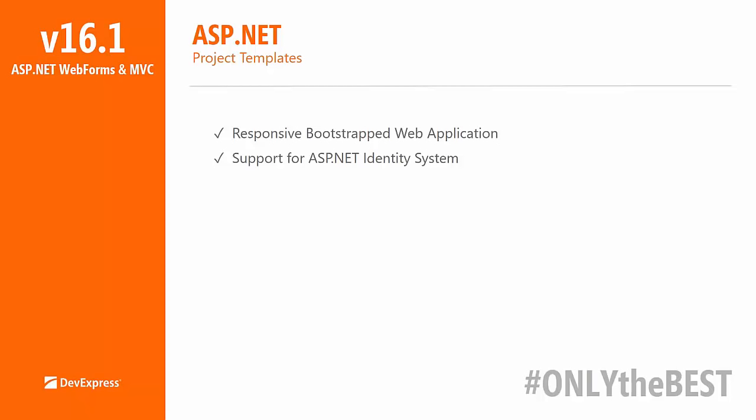Wait, is that this thing that we did a webinar on, Don, where we talked about authorization and security and so forth? Exactly. And it is basically the next generation of authentication and authorization system as a result of the membership API that Microsoft introduced with .NET 2. Okay, so is that better than the old membership stuff?